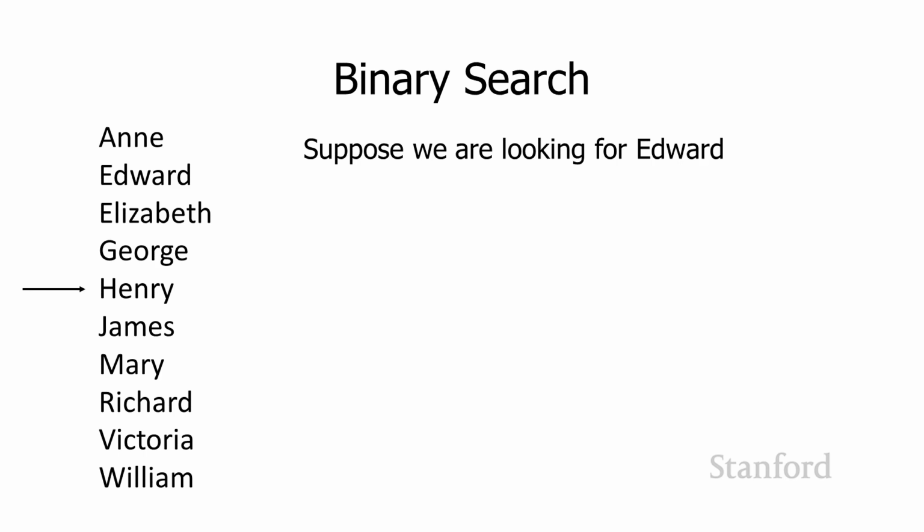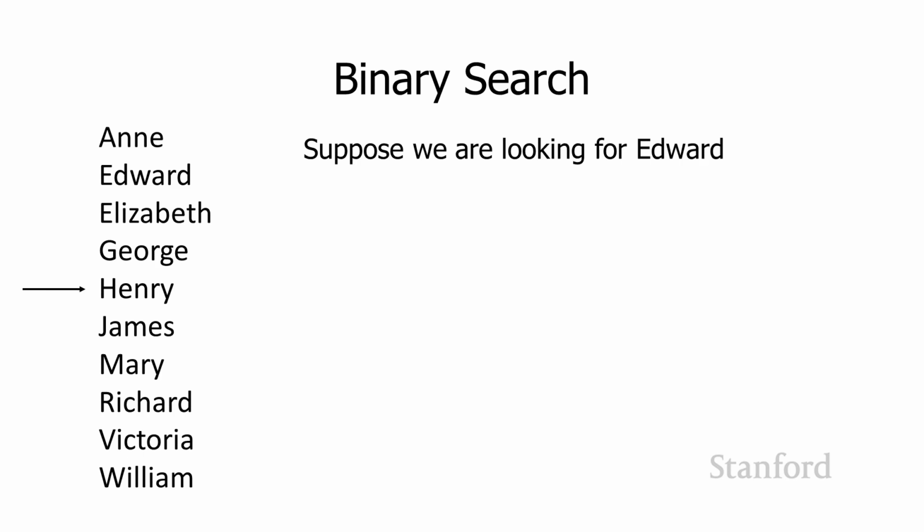This is like when I open up the telephone book and it happens to be that the name I'm looking for is right there, exactly on that page. So it is possible that the halfway point is the name we're looking for. But in this case, it's not.